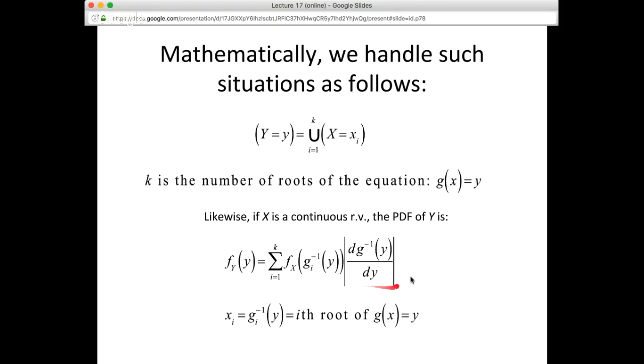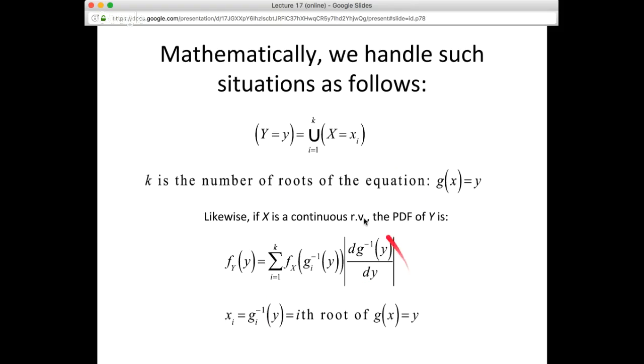But now we're summing over all the roots for that solution, x_i equal to g inverse of y, summing over all k roots, where again x_i equal to g inverse of y is just the ith root of the equation g of x equals y.